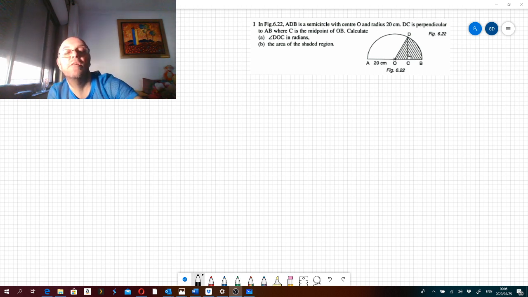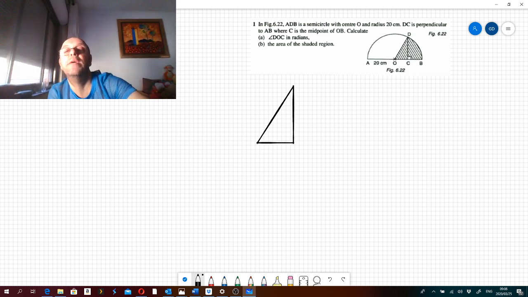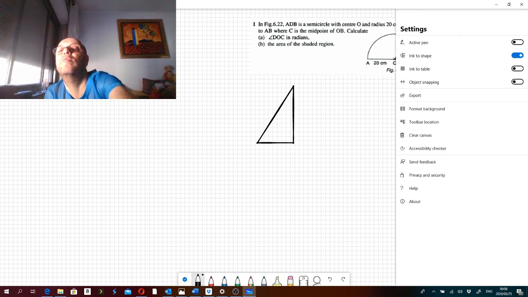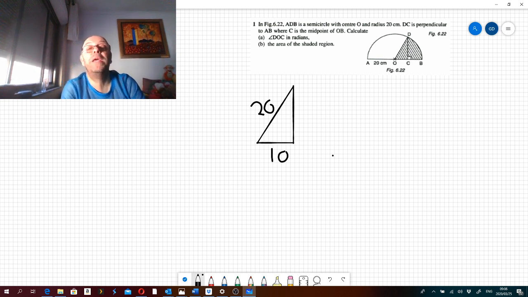Alright, so if we look at triangle DOC, we can see that the length over here must be 20 because it's also a radius, and the OC length must be 10 because we were told that C is the midpoint of OB.